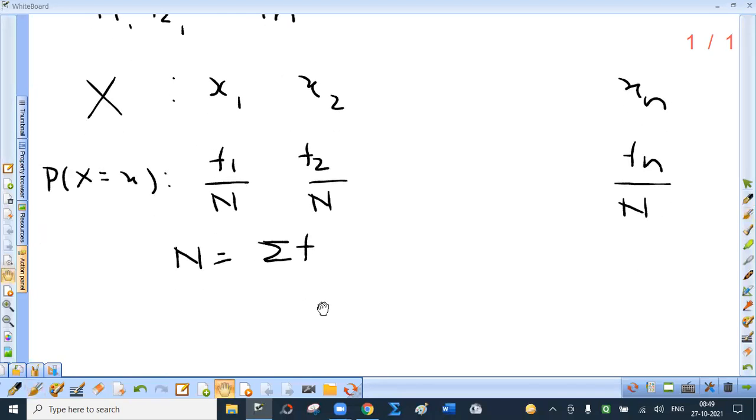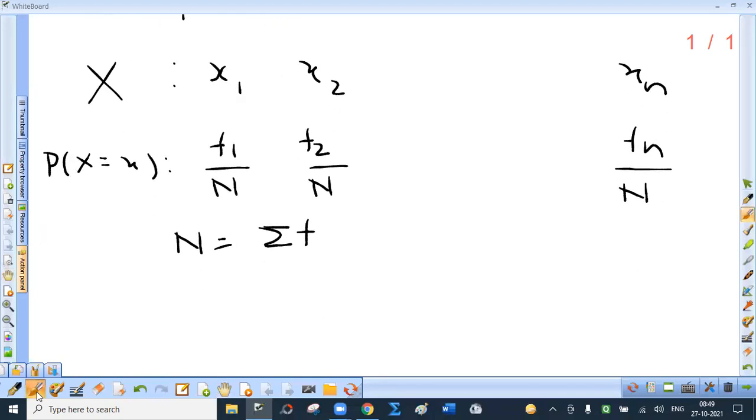Now what is the formula for expected value? Expected value E of x is nothing but sigma xi pi, i goes from 1 to n.